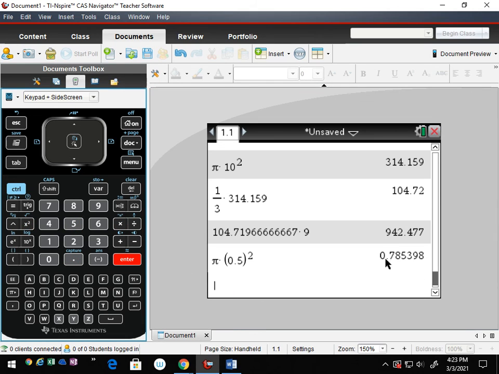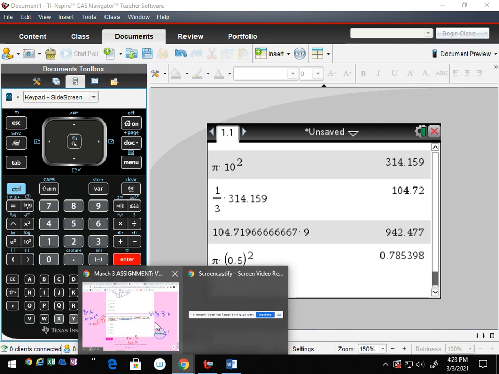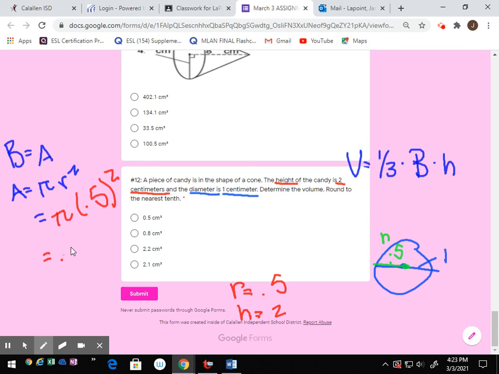We get 0.78. Okay, so I'll leave that as 0.78 centimeters squared. All right, now let's plug in 0.78 for our big B. We have 1/3 times 0.78 times our total height, which is 2. We set it down here, 2.